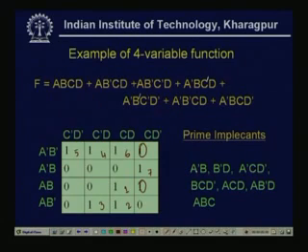See, if I take this as the, okay, if I want to form a group or a quad group, then I am taking this is A bar B bar C D bar. Okay. So, I am putting A bar B bar C D bar.